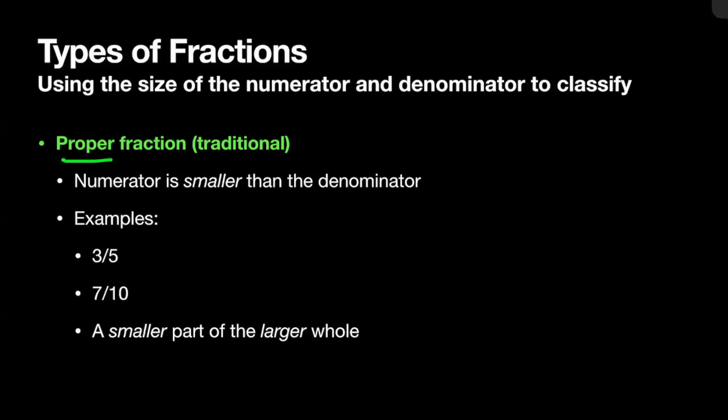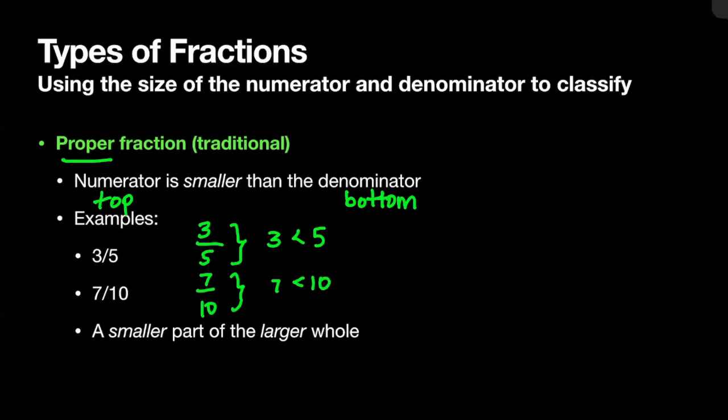So this is a fraction where the numerator, remember numerator is the top, is smaller than the denominator, which again is the bottom. So some examples are 3 over 5. You see here, 3 is less than 5, so 3 is smaller than 5. There's 7 over 10, same thing. 7 is less than 10, so the numerator is smaller than the denominator.